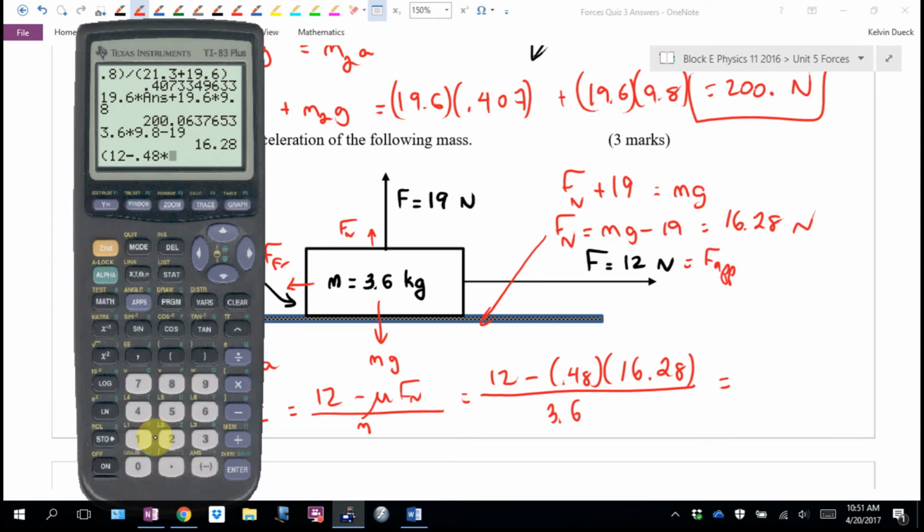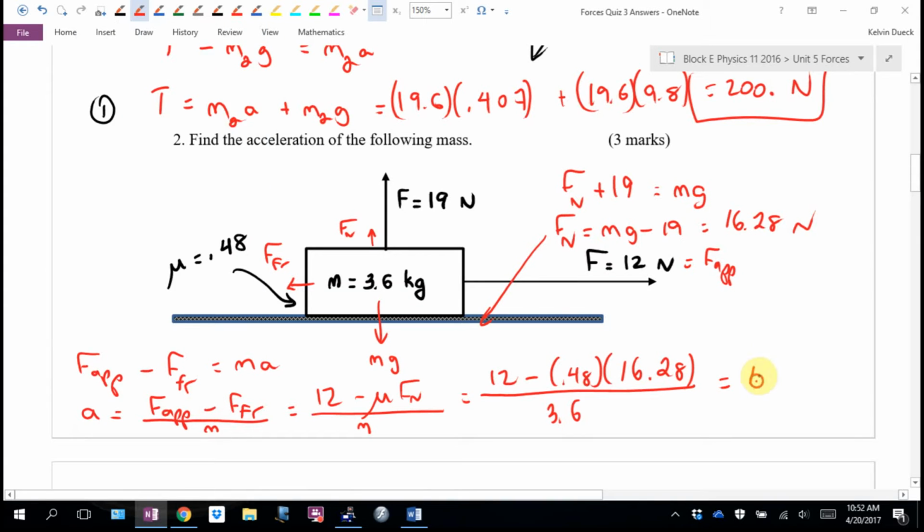I'm multiplying by the normal force, so I'm just going to use the 16.28 divided by 3.6. Do you get 1.162? I'll call it 1.16. Is that right, folks? Yeah? I'll go 1.16 meters per second squared. Now, if you got that, you get 3 out of 3.